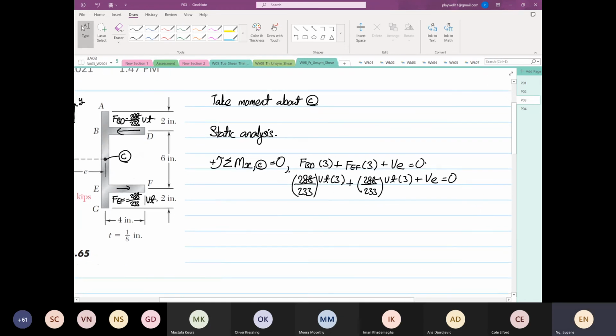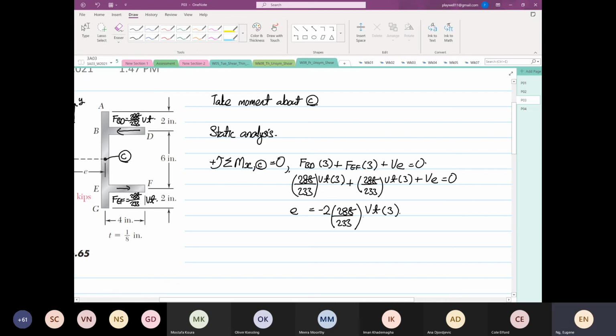So our objective over here is to find E. E will be equal to minus twice 288 over 233, VT multiplied by 3, divided by V. Multiply by 3 because it's the perpendicular distance.